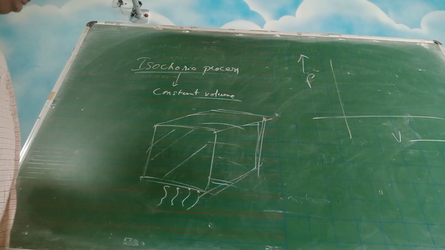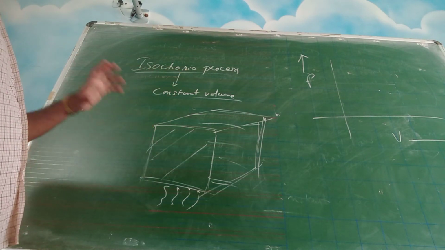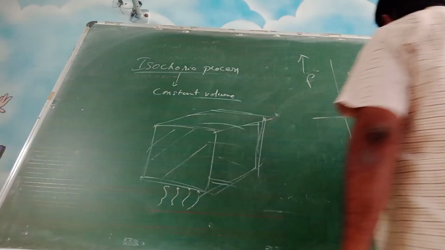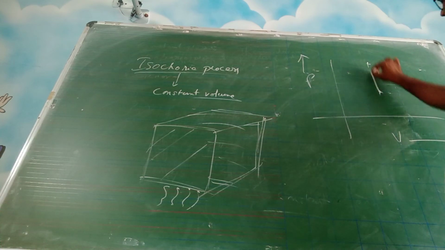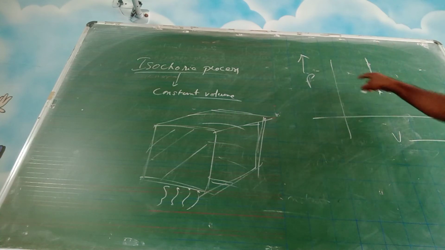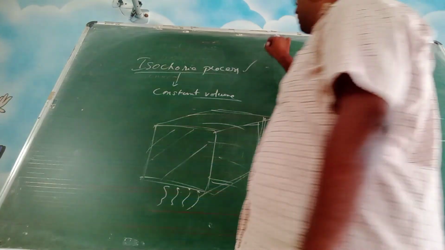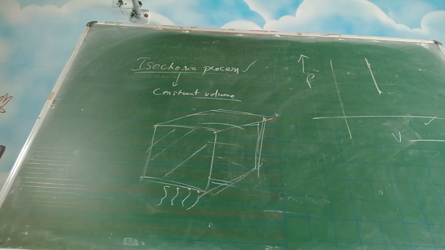What will happen? The pressure of the gas will change. But here the volume is constant, so stage 1, stage 2, the volume is constant. In the previous diagram the pressure was constant, here volume is constant. So the PV diagram will look like this in an isochoric process. Just remember the shape at least. These things again we will discuss in thermodynamics, just to give you a feel.